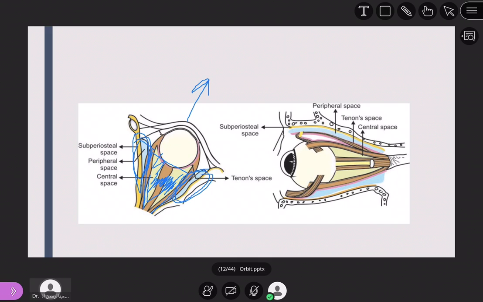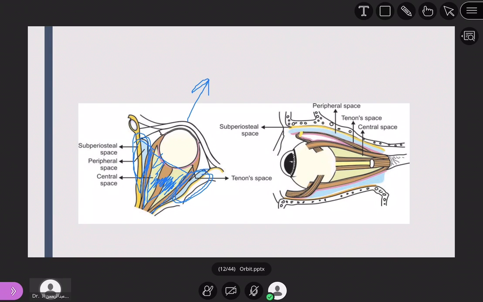Not only pushed anteriorly, it will be pushed toward the side as well, as we mentioned with the lacrimal gland in the previous lecture. A lacrimal gland tumor, for example, because the lacrimal gland is extraconal, outside the cone, the globe will be pushed to the opposite area.